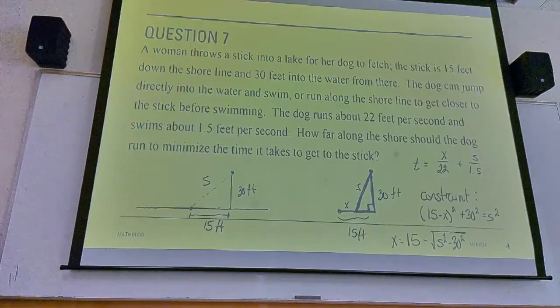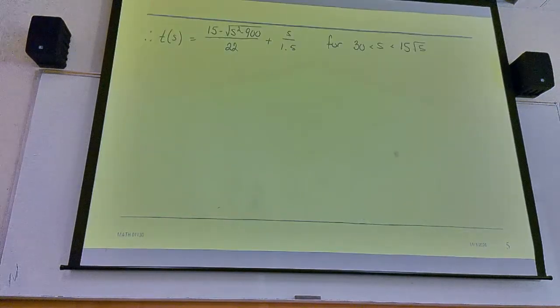The dog could just swim the entire distance, which would form a right triangle with base 15 and height of 30. So it would be the square root of the sum of the squares, which winds up being 15 root 5.